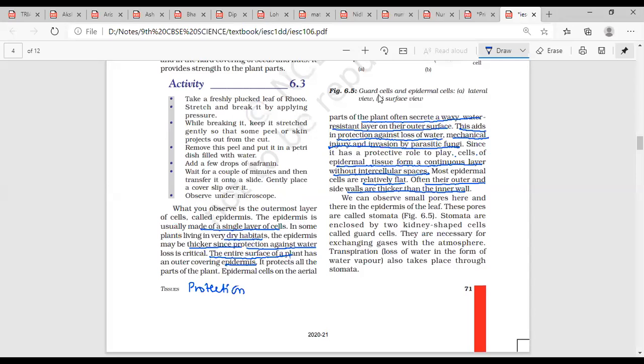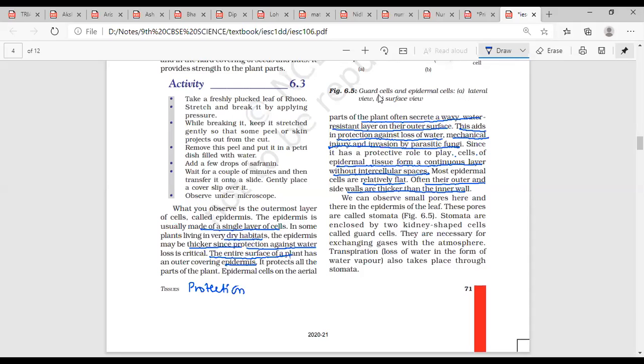Okay, so epidermis is the outer covering of every plant part, plant body. In desert plants, it is thicker and mostly covered with a waxy layer. Aerial parts of the plants often secrete a waxy water resistant layer on their outer surface so that the water loss by transpiration is prevented.